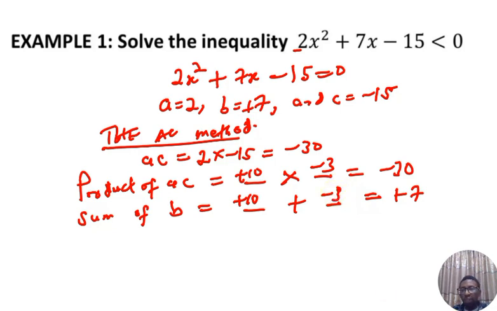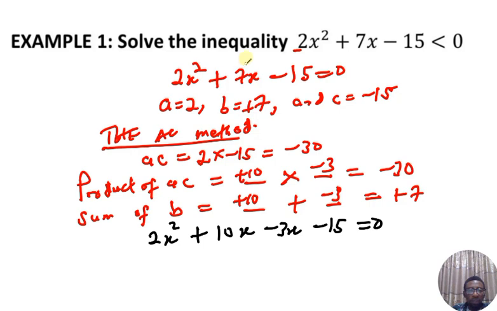So at this point you can solve the equation. I'll substitute plus 10 and minus 3 to represent b. That will become 2x squared plus 10x minus 3x minus 15 equals 0.